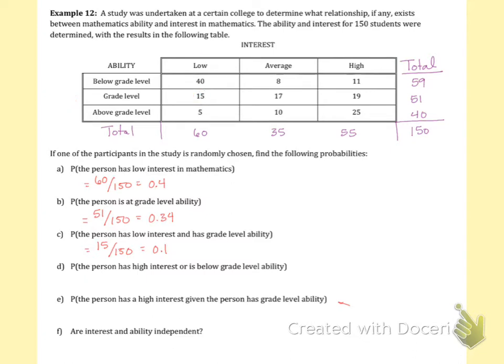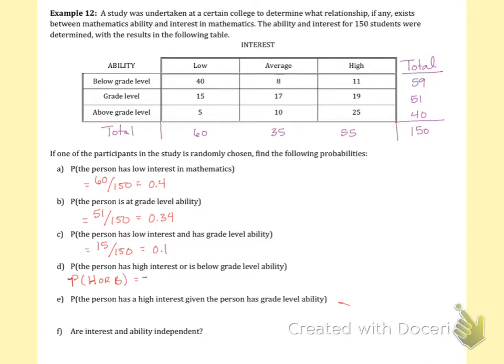For part D, it says, what's the probability the person has high interest or is below grade level ability? So we are going to use the formula. We're looking for the probability that a person has a high interest or below grade level ability.